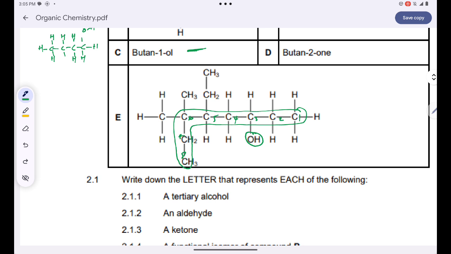But I'm realizing that I have side chains. In carbon number 6, there is a side chain. In carbon number 5, there is another side chain. These two side chains are different. This one, since it has only one carbon, is called methyl. The one that has two carbons is called ethyl. Are you together?